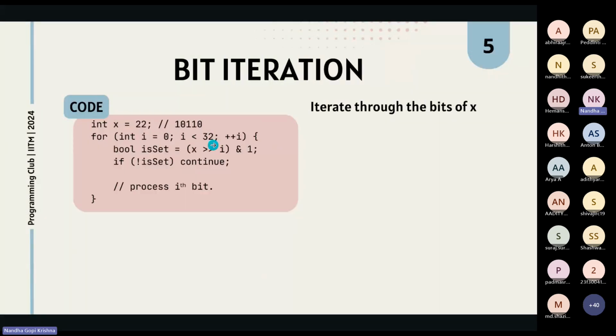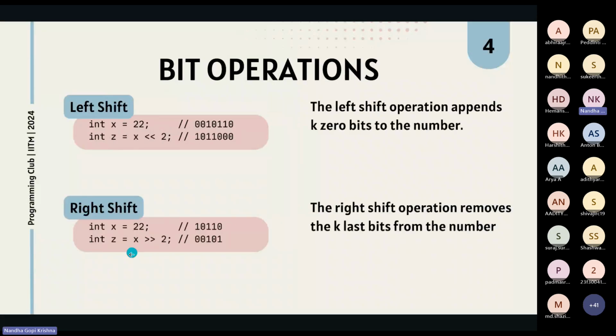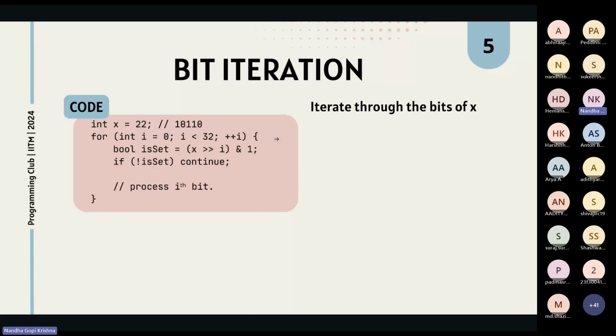So we can understand that the second bit from the right is set. And we can continue going through this loop. When i is 2, we move the number twice to the right. So now the last bit is this bit of 101. We can AND it with 1 and check if that bit was set, and so on and so forth. So this is how we iterate through an integer and check which bits are set. Is this clear?